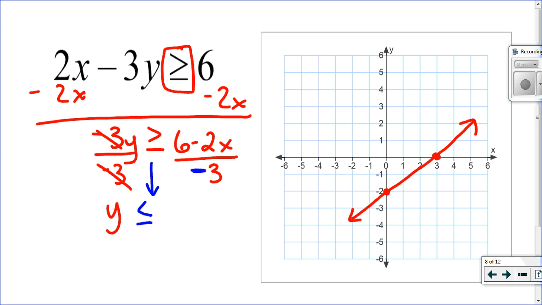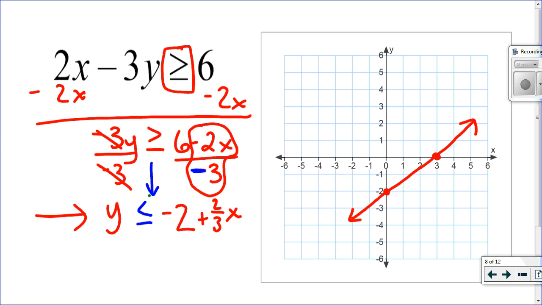To show that I'm changing signs, I need to flip that relation symbol. So now what do I have? 6 divided by negative 3 is negative 2. And then I have negative divided by negative, so positive 2/3 x. So now if we look at our final inequality right here, what region am I actually shading?